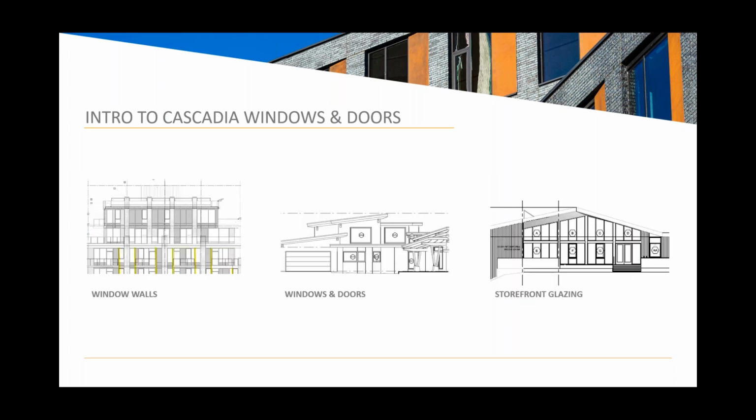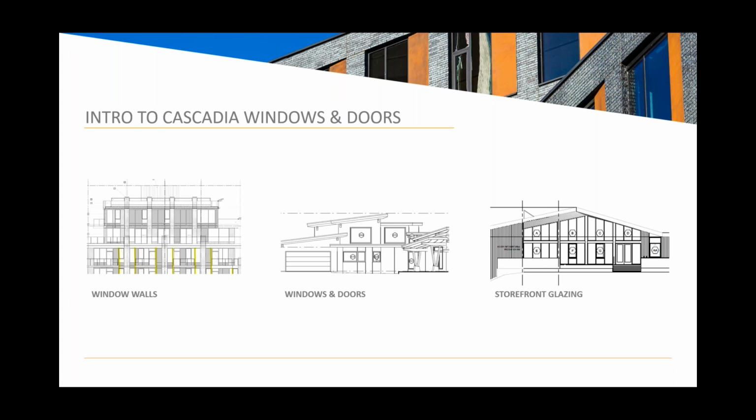If you're interested in some of our other window products, we do have webinars that are specifically dedicated to those product types. One of them being North America's first window wall for multifamily, so slab to slab window wall. There's a webinar on that I would encourage you all to attend.